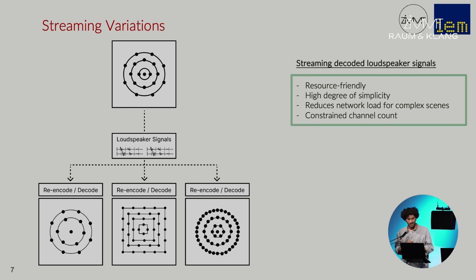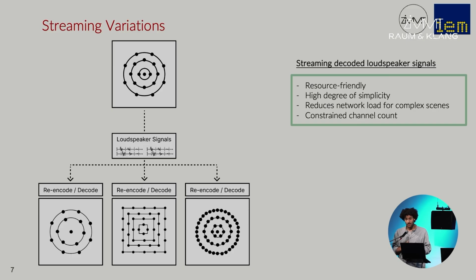This brings a high degree of simplicity and reduces the network load, since we don't need to send metadata along with the audio, and the number of streamed channels is usually constrained to our sound system, which means that here we would have to stream 32 channels, which is quite cheap, I would say.